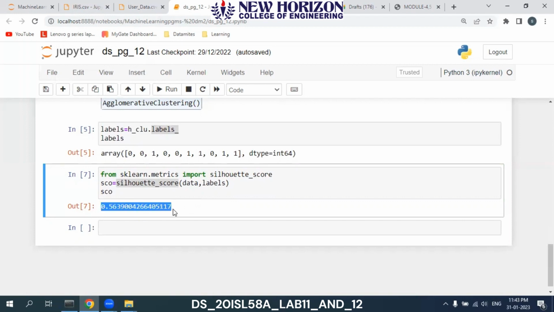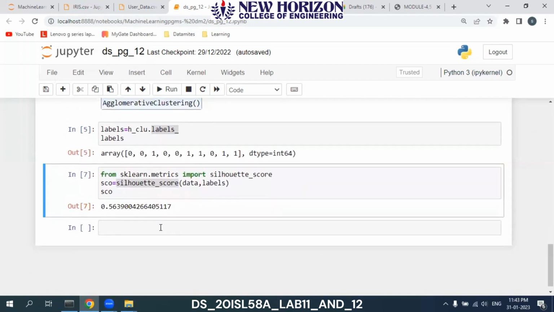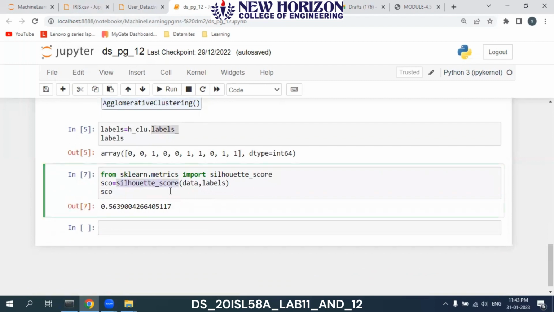So as usual, if I get the Silhouette score as 1, that means it is the best value. And if I get values near 0 like this, it indicates there are some clusters which are overlapping. And negative values usually indicate that a sample has been assigned to the wrong cluster, right? So that is how you basically measure your clustering algorithms.